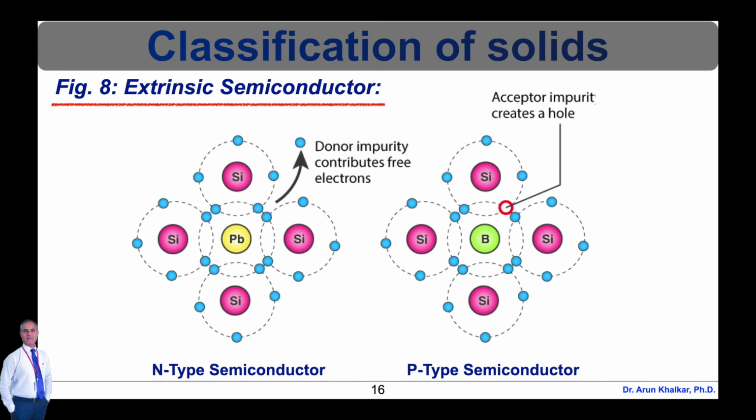Now let's see the P-type semiconductor. Majority holes and minority electrons. When a pure semiconductor is doped with a trivalent impurity, let's say boron, aluminium, indium, gallium, etc., then the 3 valence electrons of the impurity bond with 3 of the 4 valence electrons of the semiconductor. This leaves an absence of electron, that is the hole, in the impurity. These impurity atoms, which are ready to accept bonded electrons, are called acceptors.